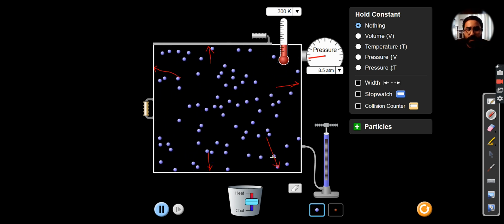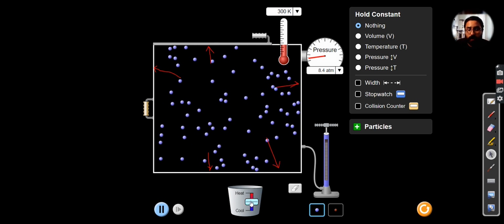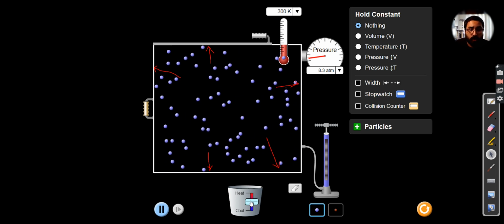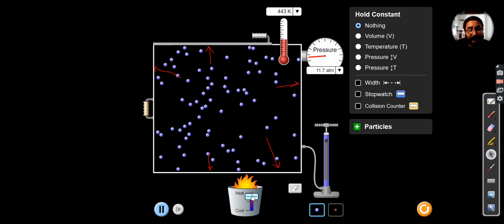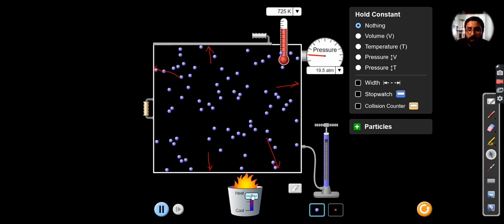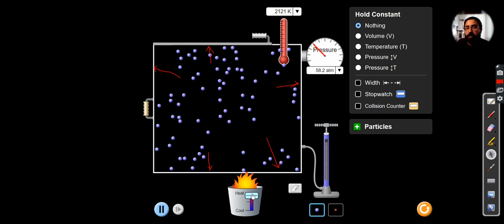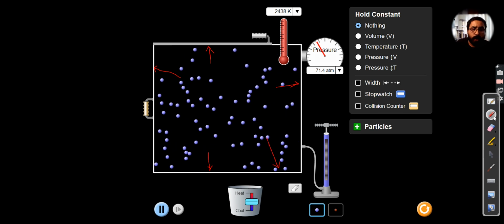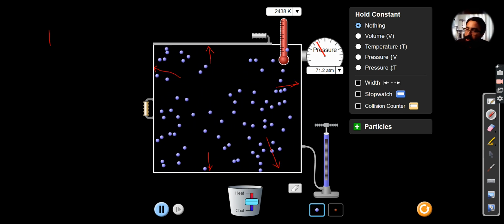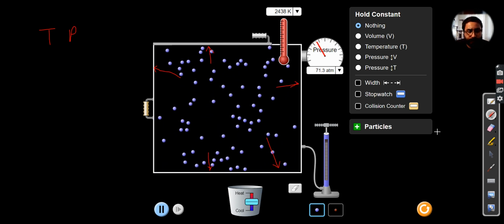Well, one, we can make the particles go faster. How do we make them go faster? You can heat them up. You can add some energy. So now they have more kinetic energy, so they begin to crash into the walls faster, and you get a higher pressure. So there's a relationship between the temperature and the pressure.